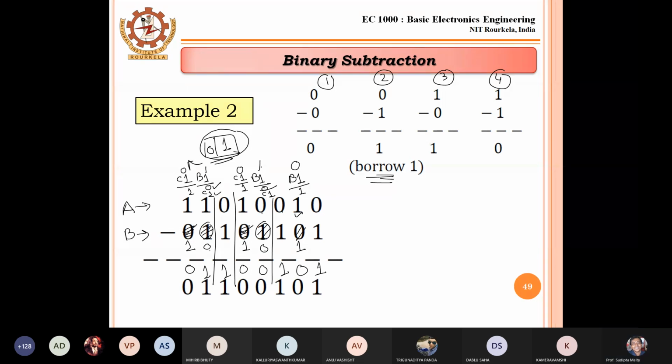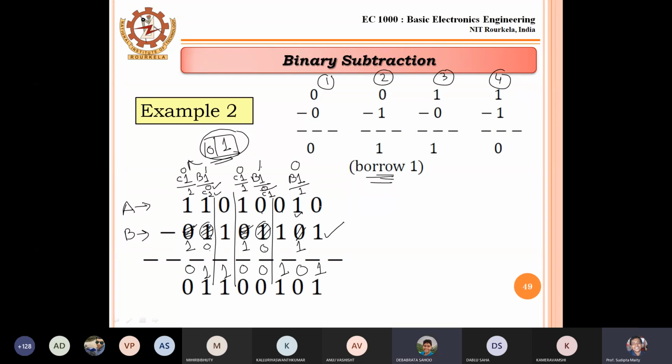Doubt. What doubt? Sir, in the second step, the second 0 plus borrow 1. Borrow 1 we have done, which means we have to borrow 1 extra again? Why?